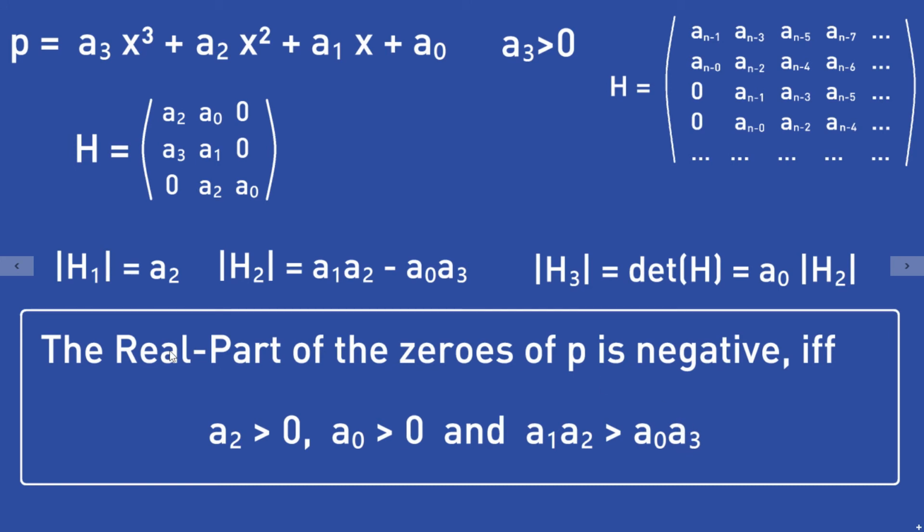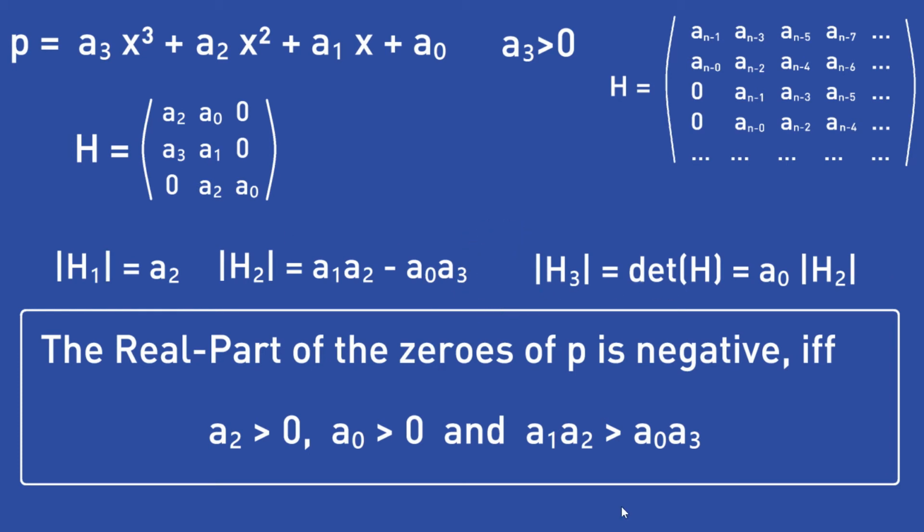So we get the real part of all the zeros of the polynomial P is negative if and only if a2 is larger than 0, a0 is larger than 0, and a1 times a2 is larger than a0 times a3. That means that all the principal minors are positive.